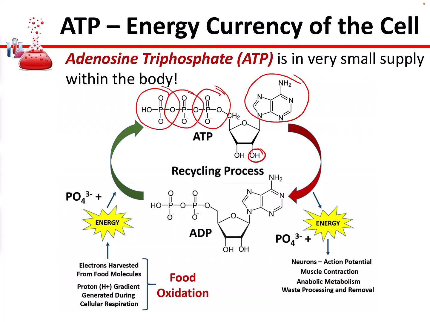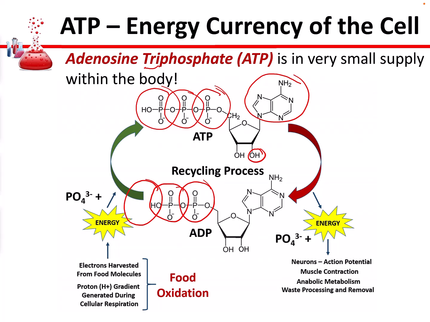This molecule, when it is hydrolyzed, makes the ADP molecule, or the adenosine diphosphate molecule. And so once it's hydrolyzed, it releases a lot of energy. And this energy is used to power neurons, do muscle contraction, and all of that. So you can see that last phosphate group has been cleaved off. Right? You only have 2 remaining in the diphosphate.